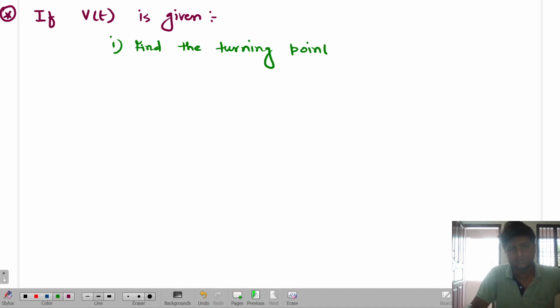Then apply the second step. Let's suppose you got t is equal to capital T as the turning point. Always remember that at the turning point, the velocity of the particle is always zero. Right. So to find the turning point, we'll put vt equal to 0.